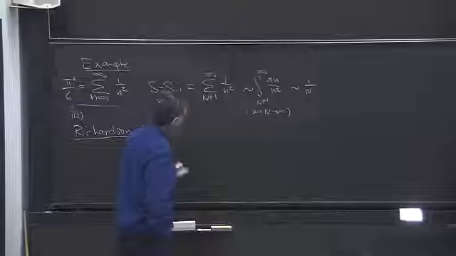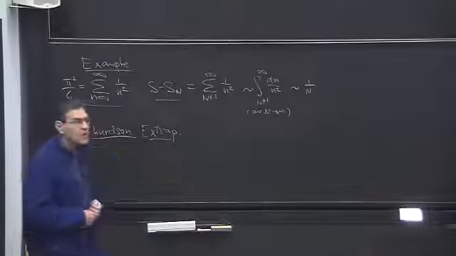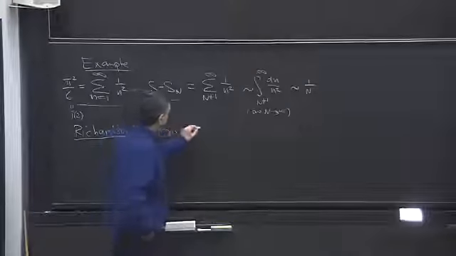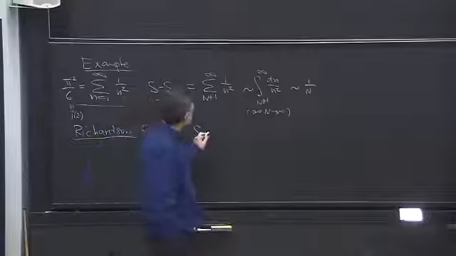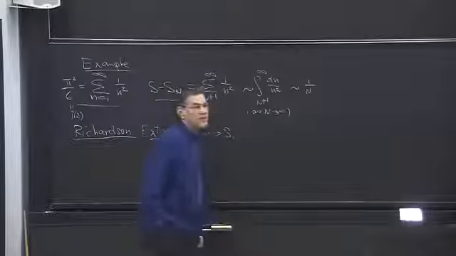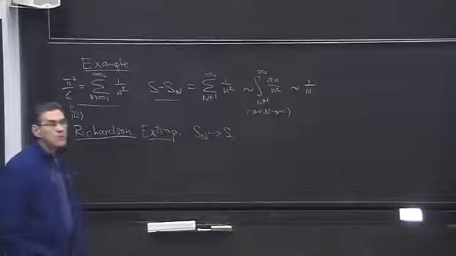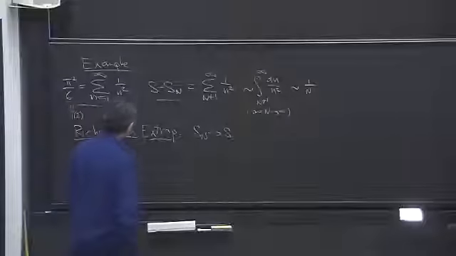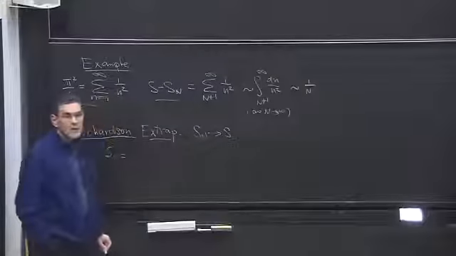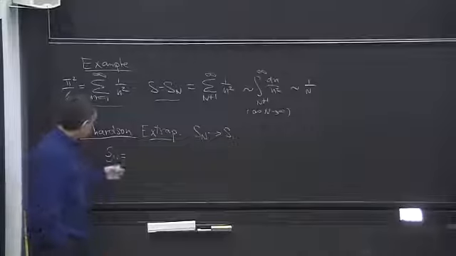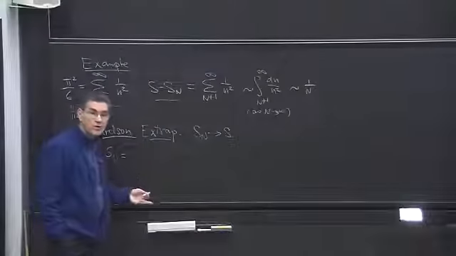Richardson extrapolation is a technique for extrapolating a sequence S sub n to its limit: somebody gives you a bunch of terms in the sequence, and you extrapolate to the limit. So how does Richardson do it? Again, Richardson makes a model. Richardson says, I'm going to guess that S sub n has an approximate form as a series in powers of 1 over n.